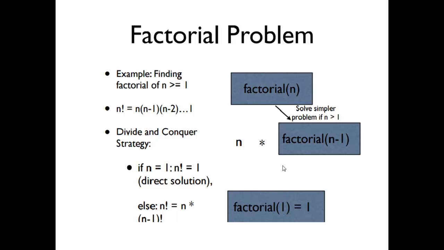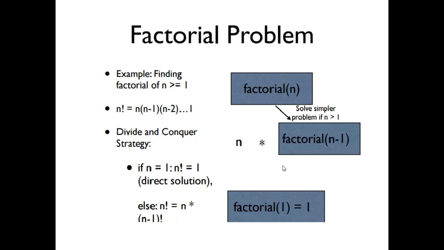But here we are going to follow the divide and conquer strategy, where we say if n is equal to 1, n factorial is equal to 1, we give a direct solution. Else you can say n factorial is equal to n star n minus 1 factorial. That is the alternate solution you can give.